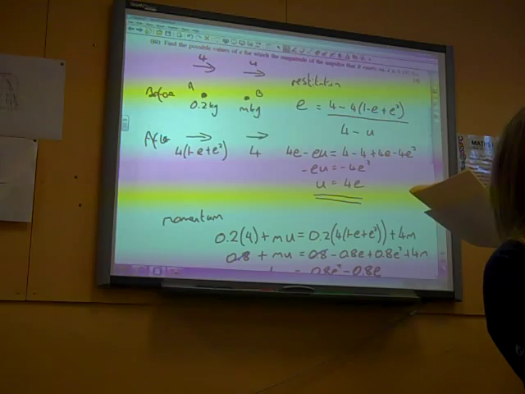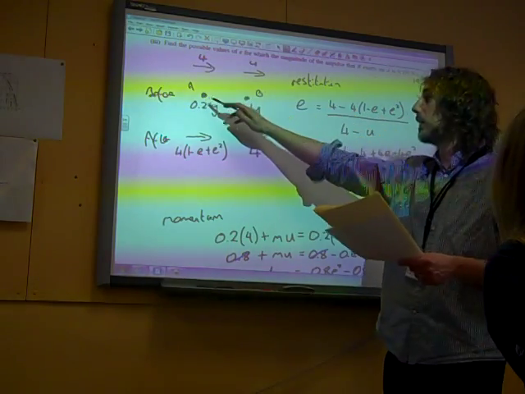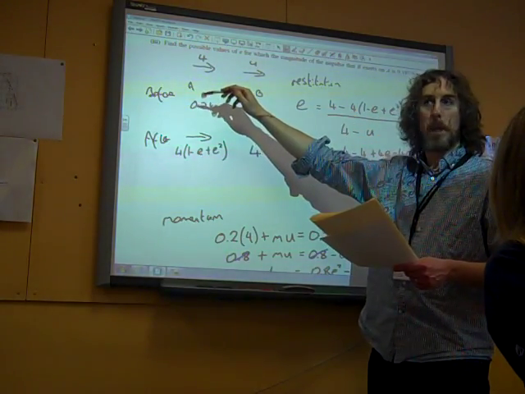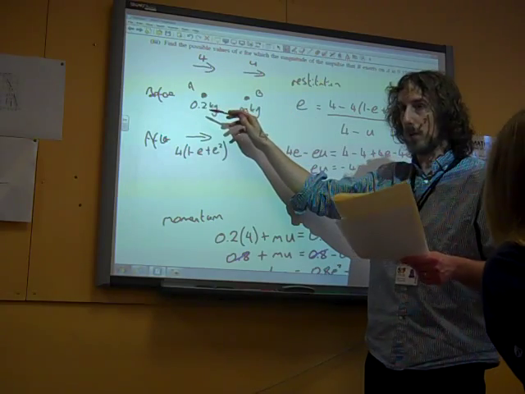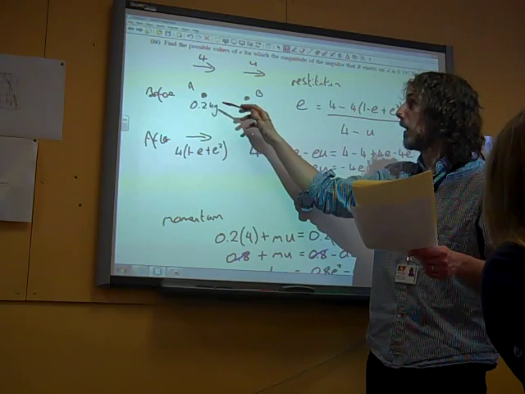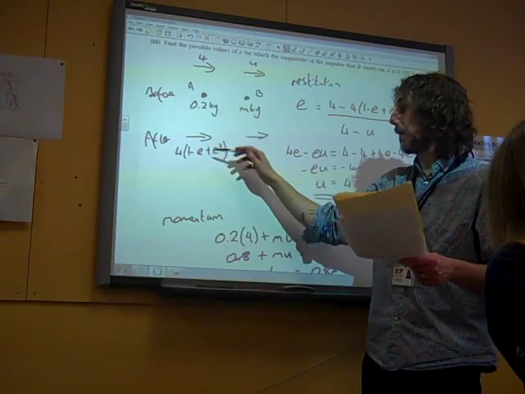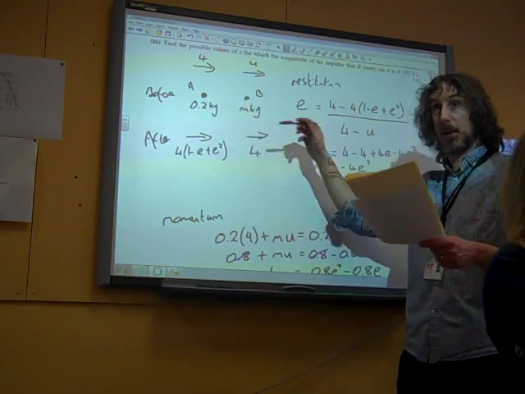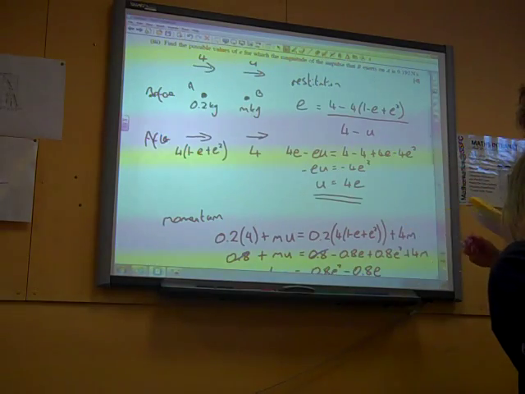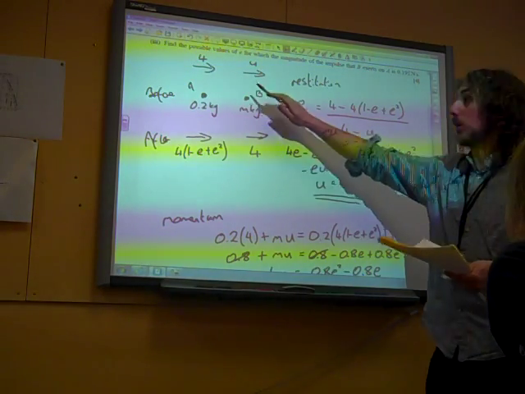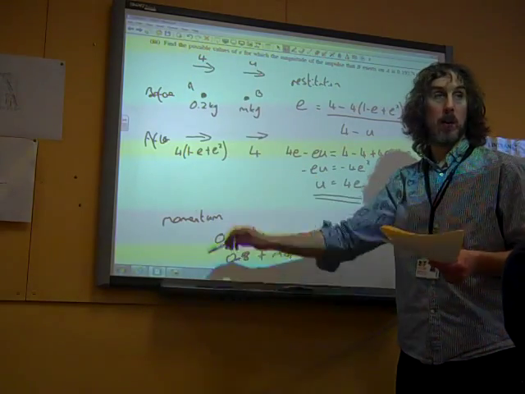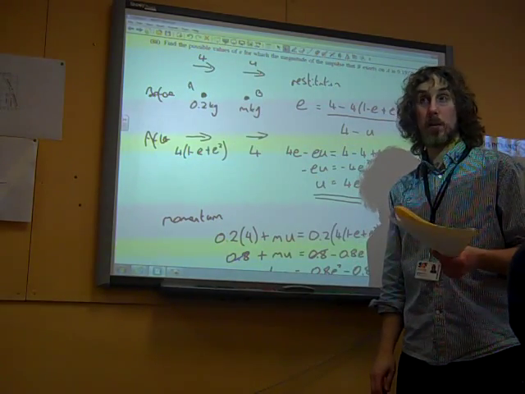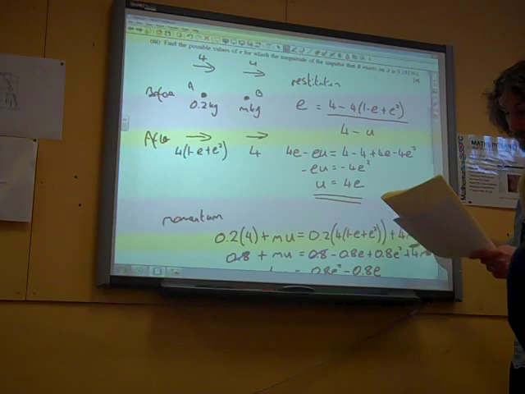So if I focus on A, I've got 4 times 0.2 as the momentum before, and the momentum after is that times 0.2. And that's B's exerted. That must have been lost at that point, wasn't it? Because A has slowed down in this collision. It must have done, because B is at the same speed.